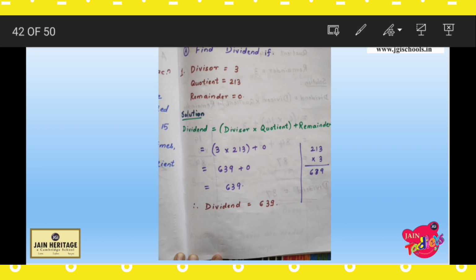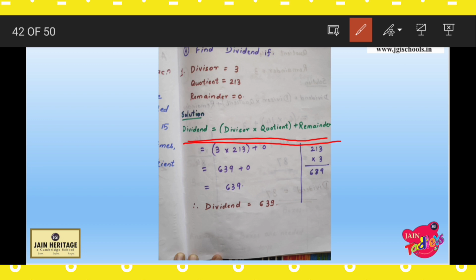The formula is given in the green color. Please learn this formula by heart. It is very, very important. Dividend equals divisor into quotient plus remainder.